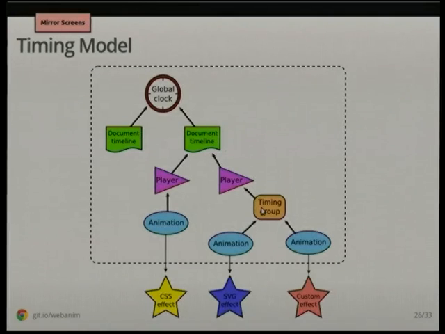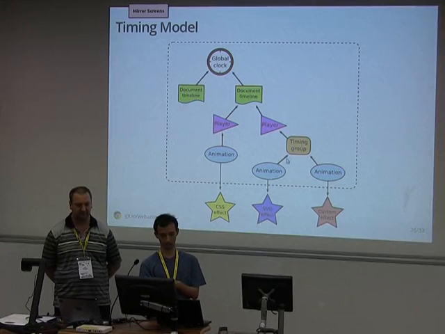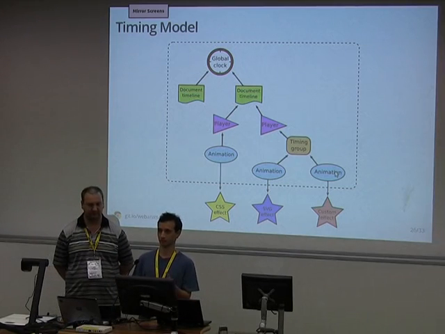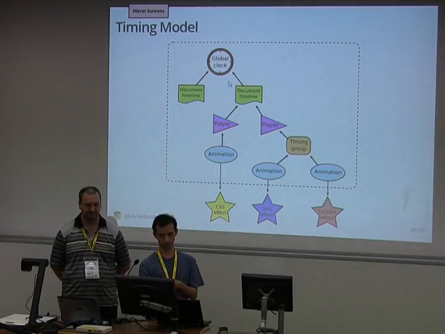And so you could think of the time filtering down the tree and into the animation to find out which time fraction and which iteration the effect should be at any given point in time. This is pretty much a stateless data structure, where you put in a time from the top, filter it all the way down, and you get your effect times.